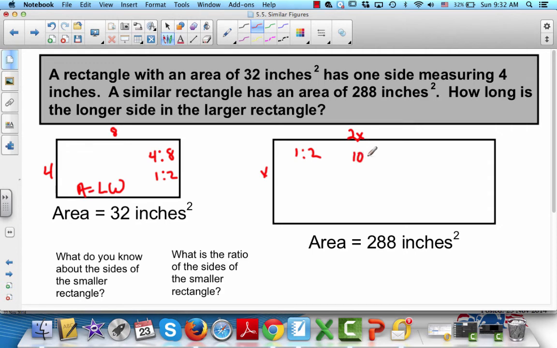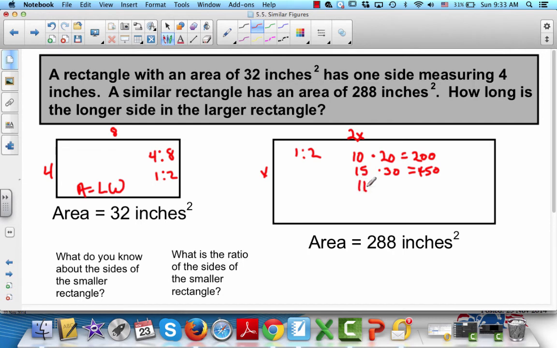Let's try 10. Twice 10 is 20, and if we multiply those together, we get 200. That's not enough. So let's try 15. That would be 15 times 30, which gives us 450. That's too much. We want 288, so it's going to be somewhere between 10 and 15.